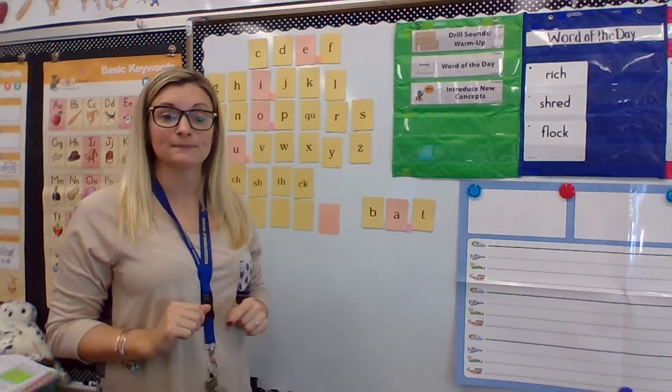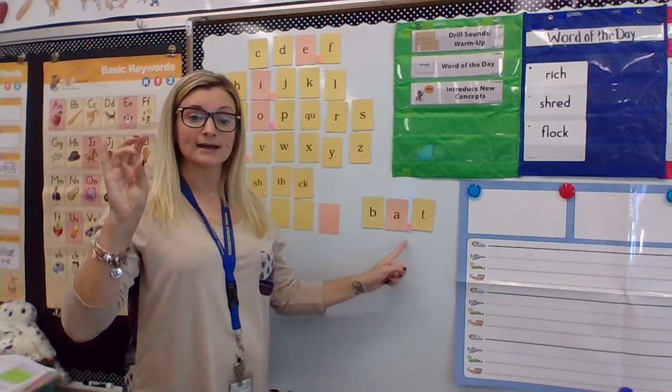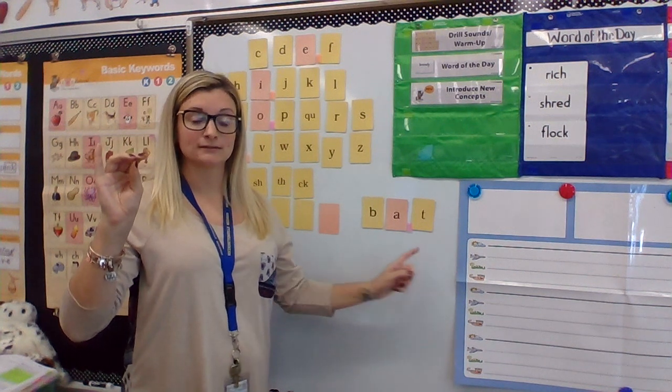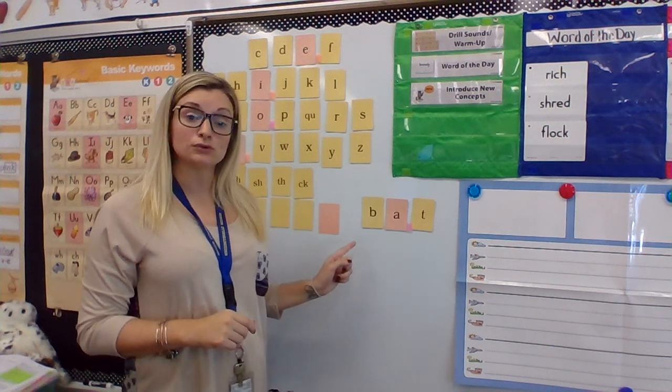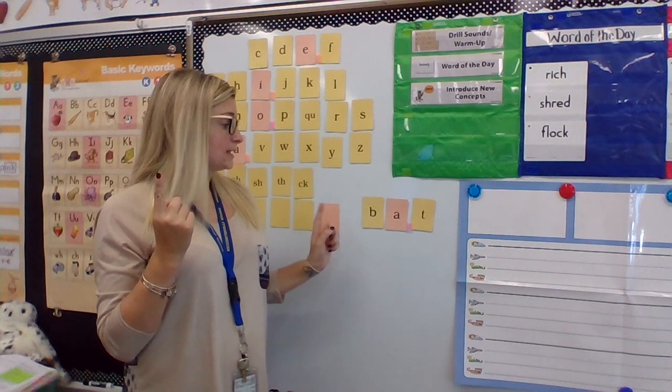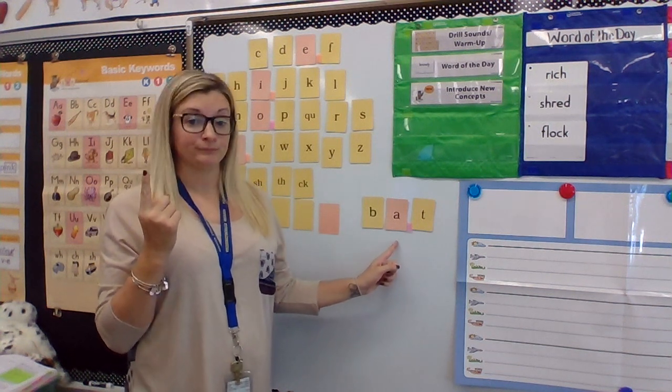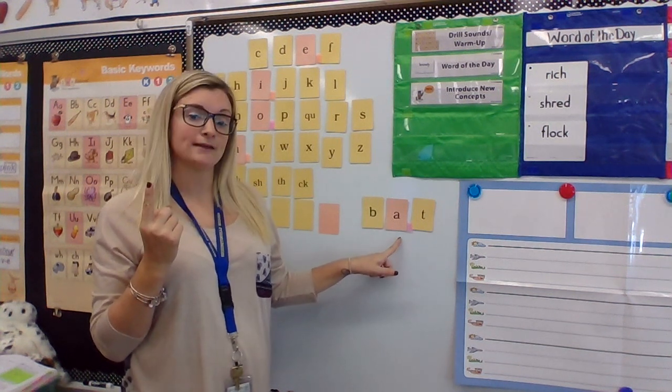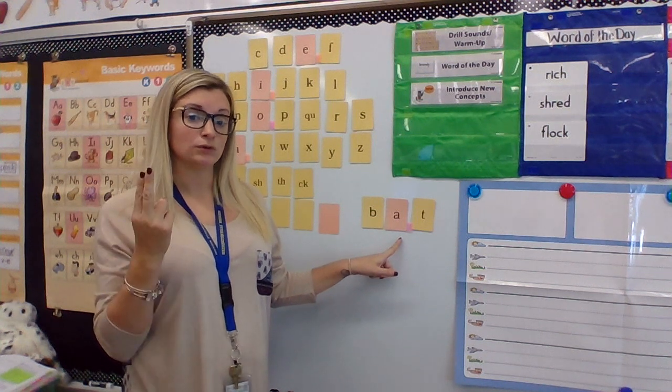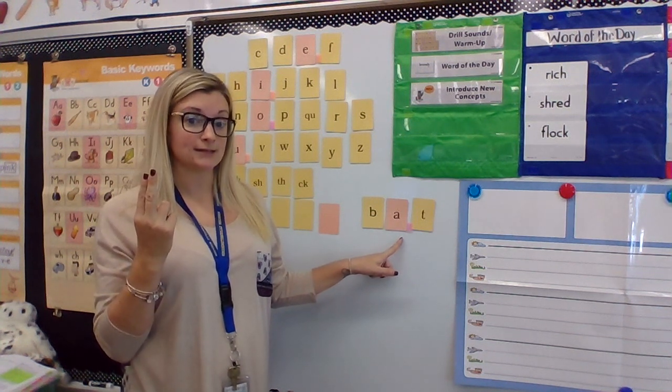Okay, let's go ahead and tap this out. Bat. Now, let's look at our rules. First one, does it have one vowel? It does. It only has an A. Second rule, it has to be followed by a consonant.